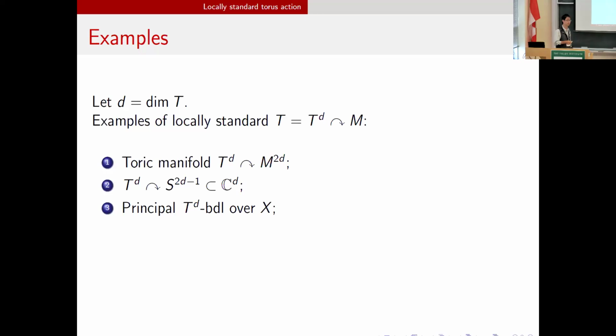Because the principal orbit has no fixed point. I mean, I consider the isotropy representation, not the tangential representation at a fixed point. So in this case, the isotropy representation is always trivial.